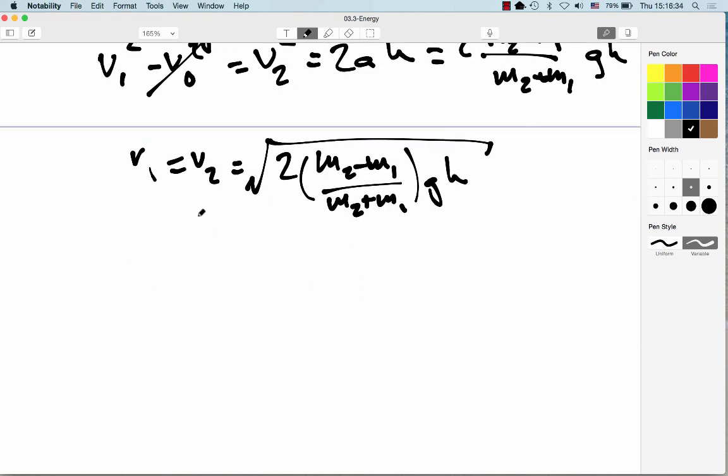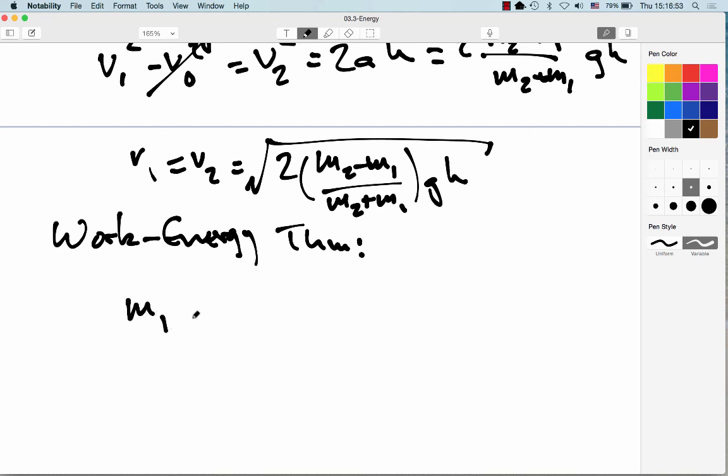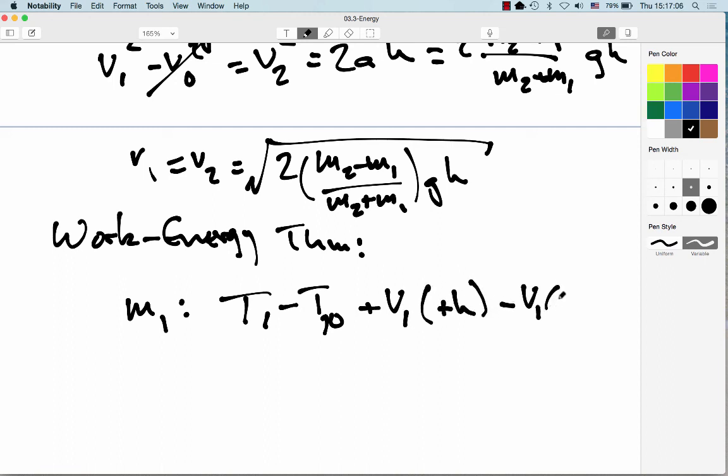Now the genius of Atwood's machine is that we can solve this a half a dozen different ways easily. So let's do this by the work-energy theorem. We're going to solve exactly the same thing. So for mass 1, we can say that the kinetic energy of object 1 minus its initial, plus V1 located at height plus h minus V1 of 0, equals the work done by tension on block 1.